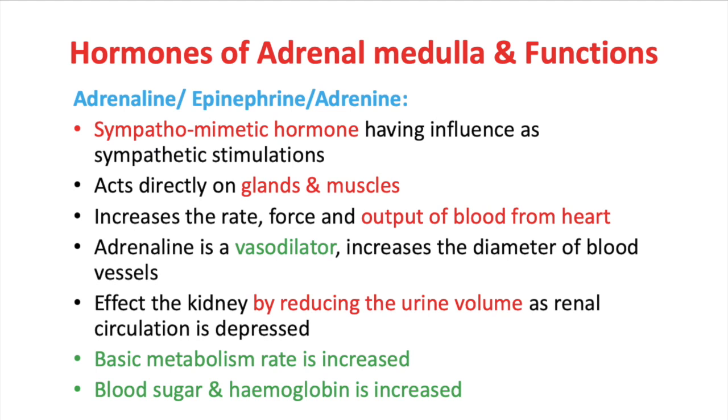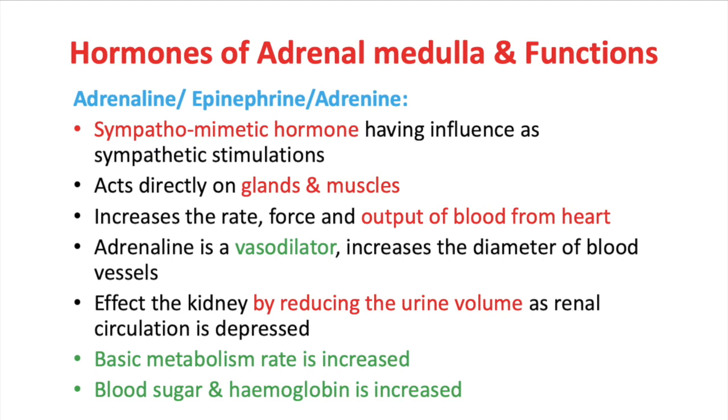Hormones of adrenal medulla and functions. They are adrenaline, also known as epinephrine, and noradrenaline. This is the first type. These are the sympathomimetic hormones having influence as sympathetic stimulations.